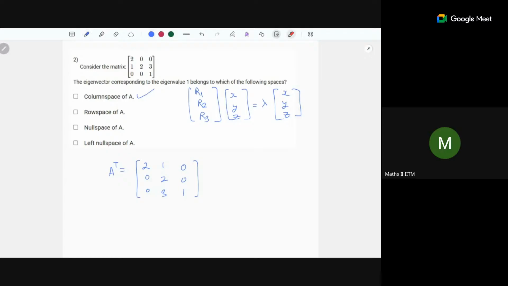Yeah, you can say that, but this is not A. Okay, let me, so if you multiply 0, 0, 1, what will you get? Okay, so let's calculate the eigenvector for this.